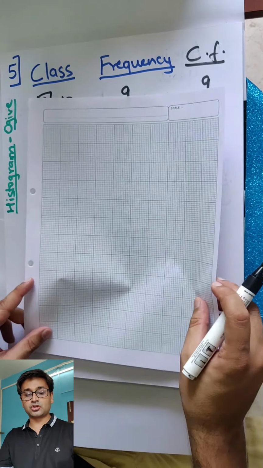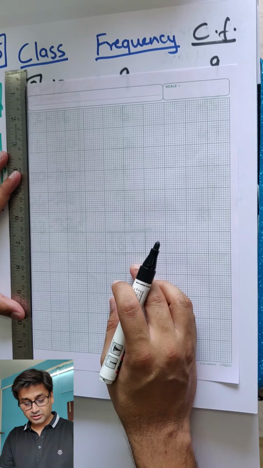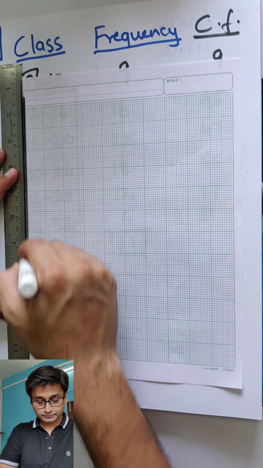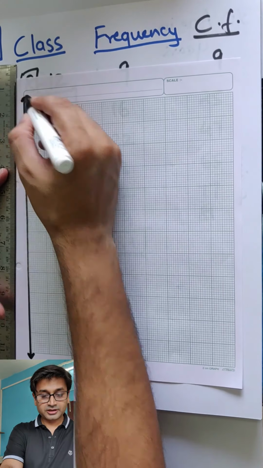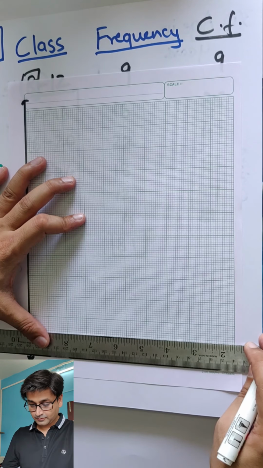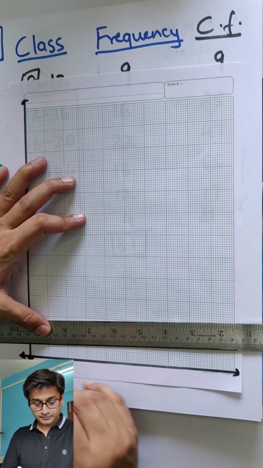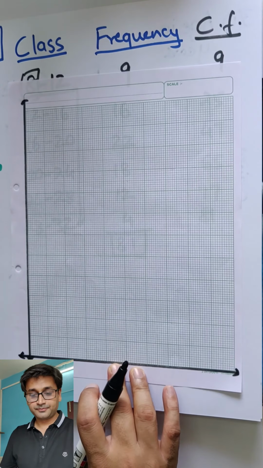So I think 10 is the best option again. Let's draw the x-axis and the y-axis quickly. Here goes my y-axis first, and here goes my x-axis next. Once the x-axis, y-axis is done, then calibration.